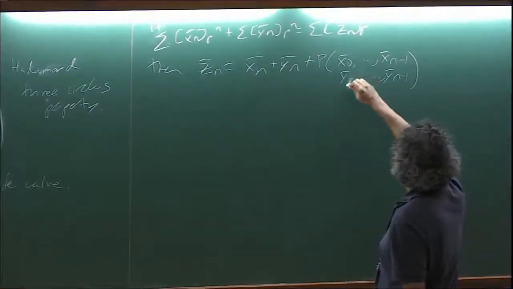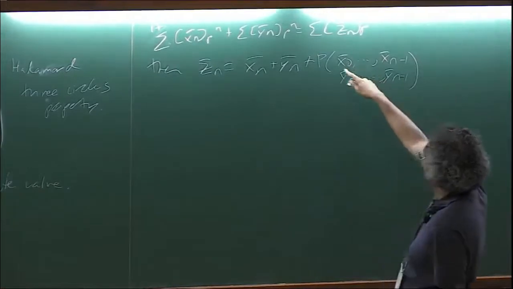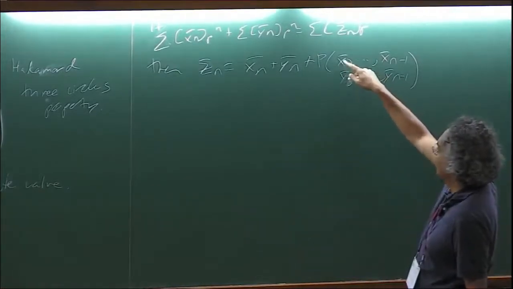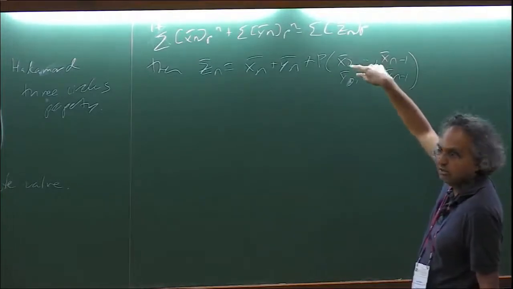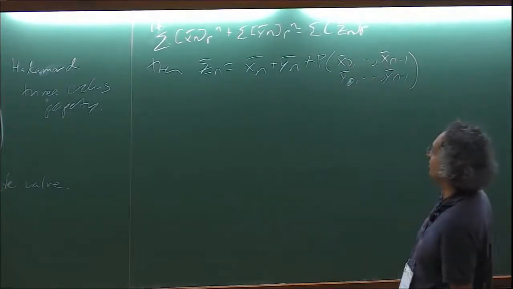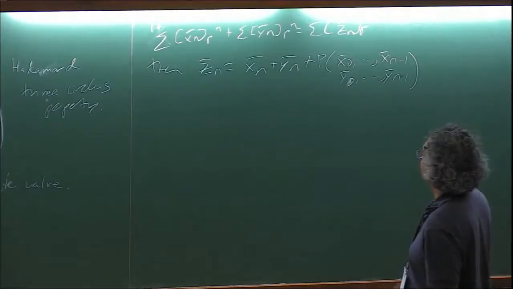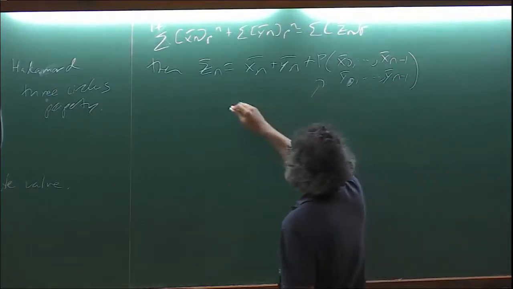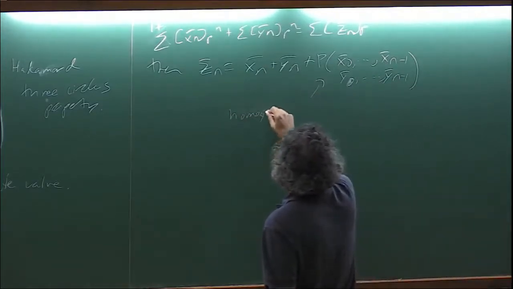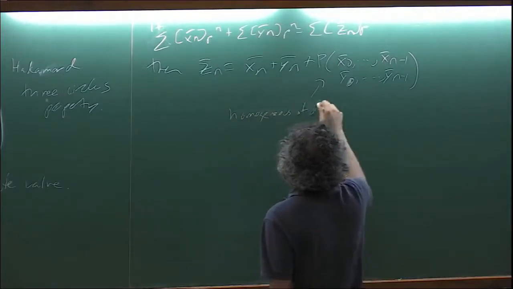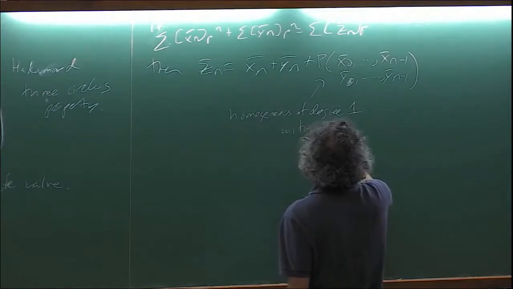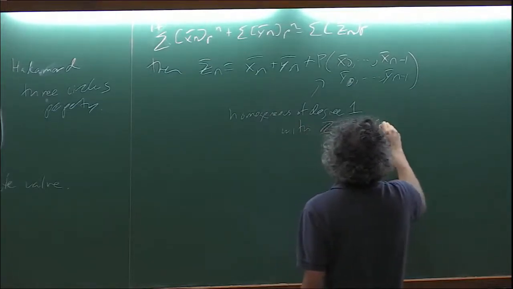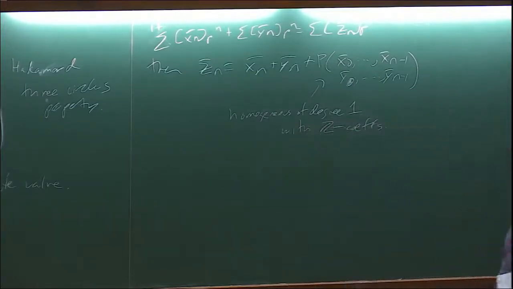I'm going to write this as if it were a polynomial. It's not literally a polynomial because it involves not powers of these things, but fractional powers of these things with p's in the denominator. But that's not a serious issue. The point is that this is homogeneous of degree 1 with integer coefficients. That's all I'm going to use about this thing.